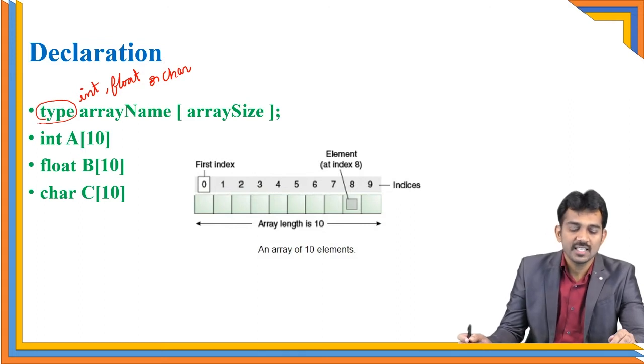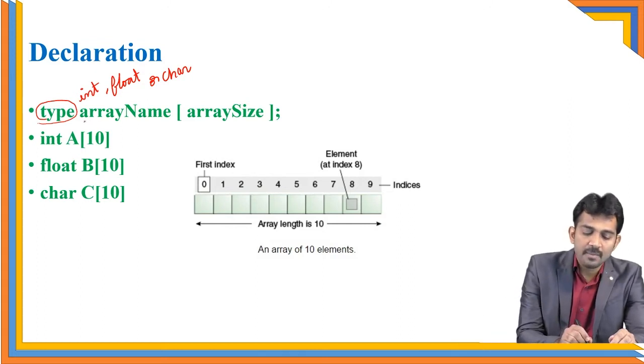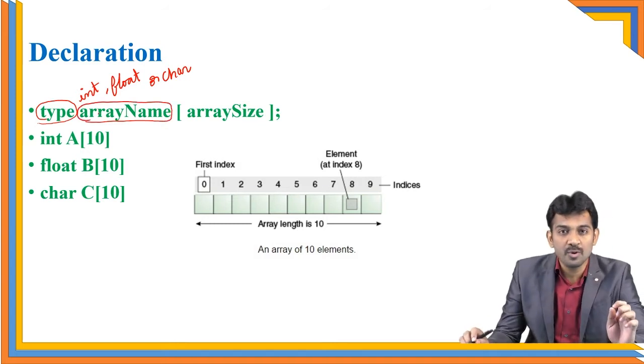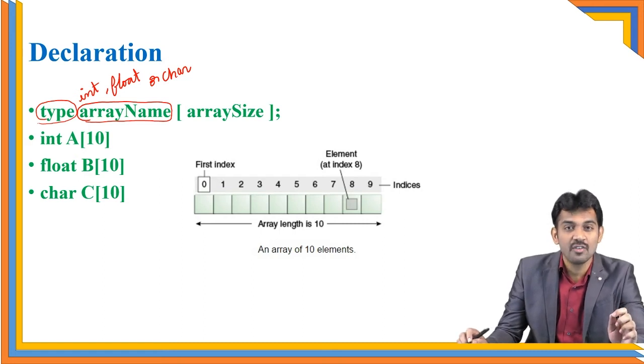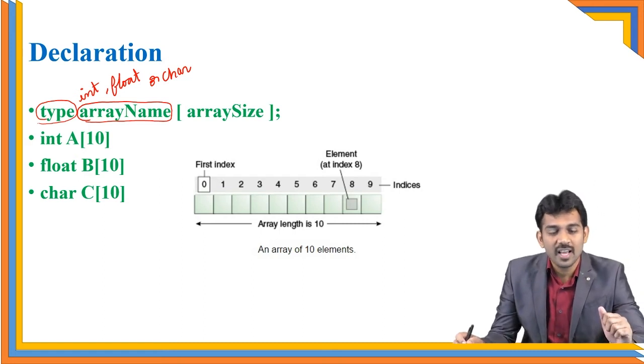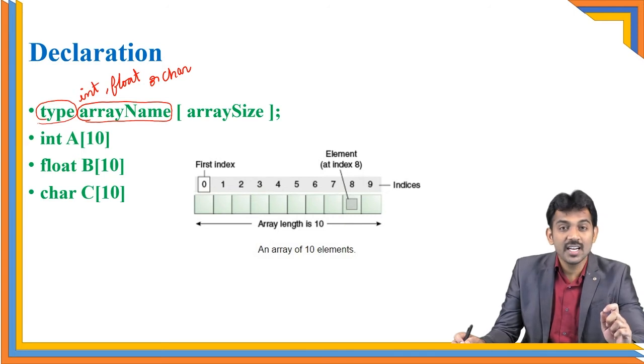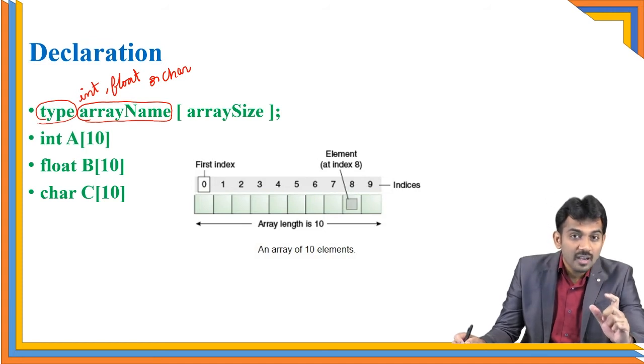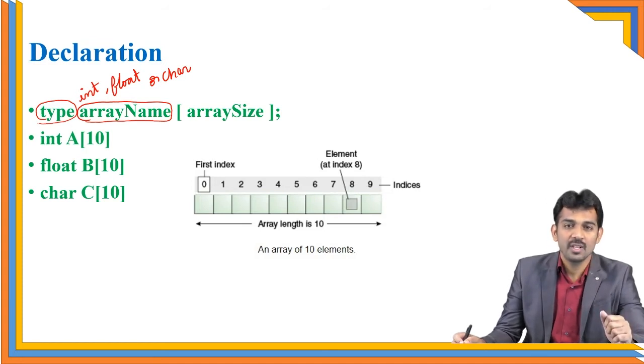And next, the array name. The array name is like a variable name. You can use any variable name; already you have discussed variable name rules. It should start with an alphabet or underscore, it doesn't contain any special symbols other than underscore, and it doesn't allow any keywords as a variable name, right? The same rules apply for the array name also.